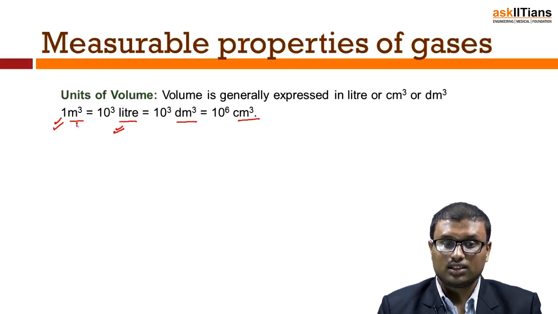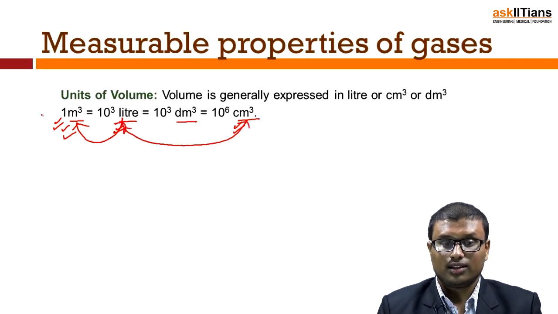So you have to understand how to convert meter cube into liter. When I talk about a meter, obviously I will talk about centimeter cube. So you should also know how to convert centimeter cube into liter.